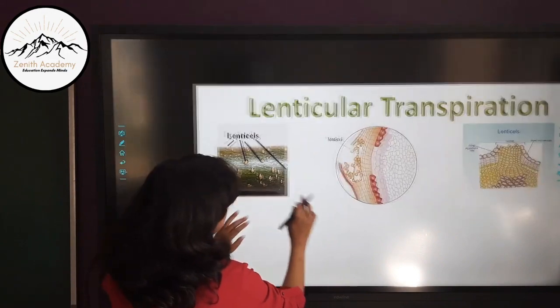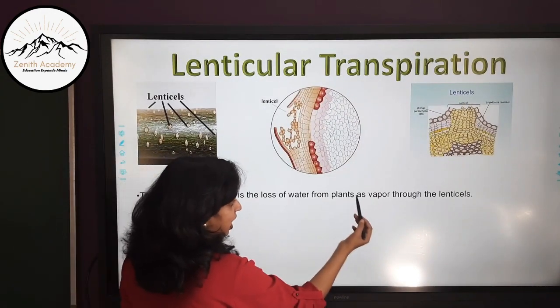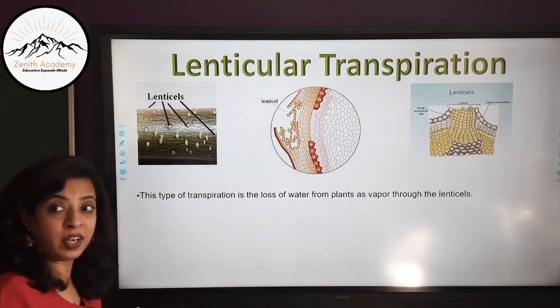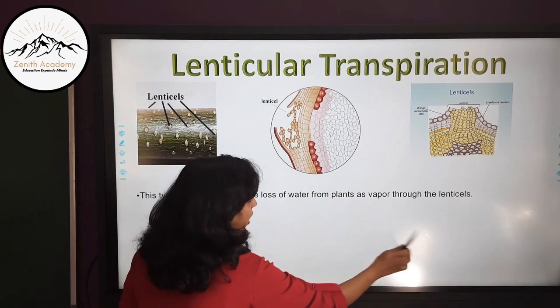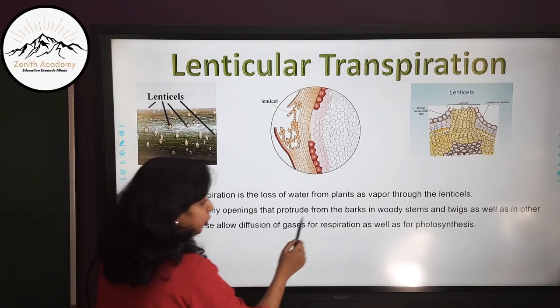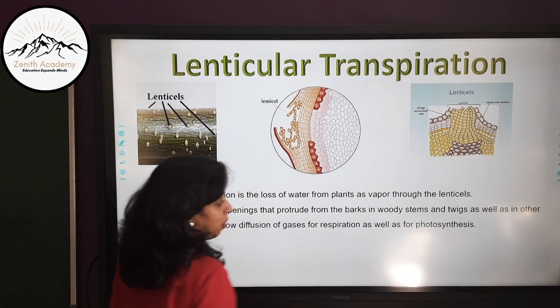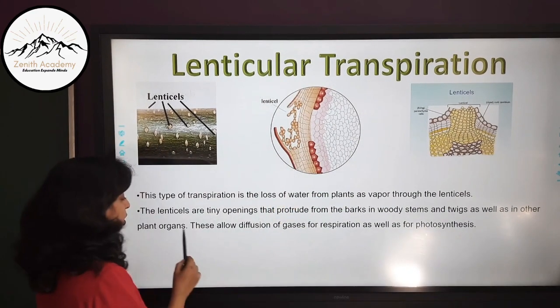These exposed cells that we see are called lenticels. In this type of transpiration, there is loss of water from plants as vapor through the lenticels. You remember in cuticular transpiration there was water coming out. Here it is vapor coming out through lenticels. The lenticels are tiny openings that protrude from the bark in woody stems and twigs as well as in other plant organs.